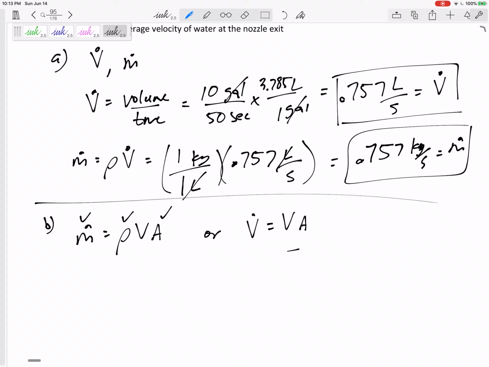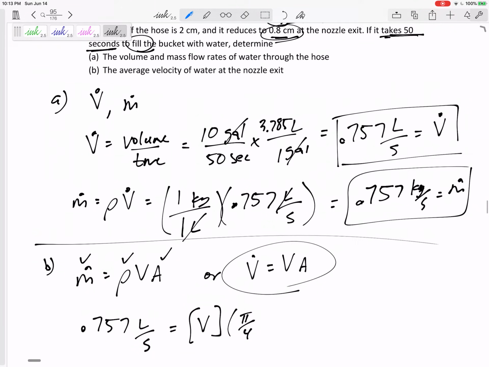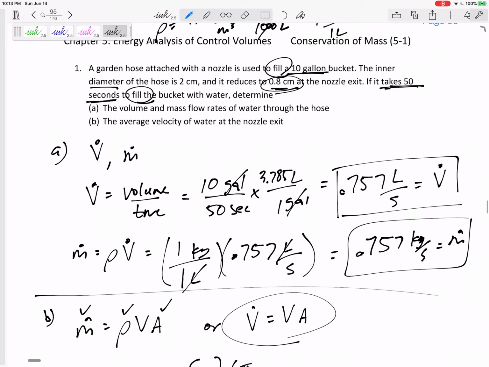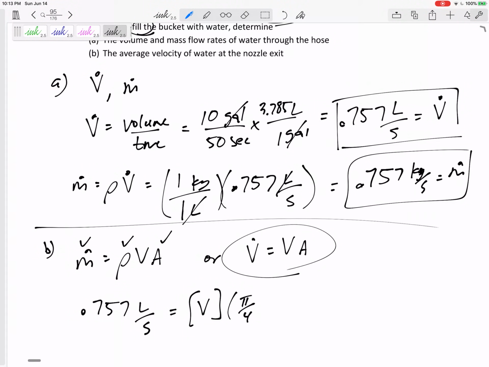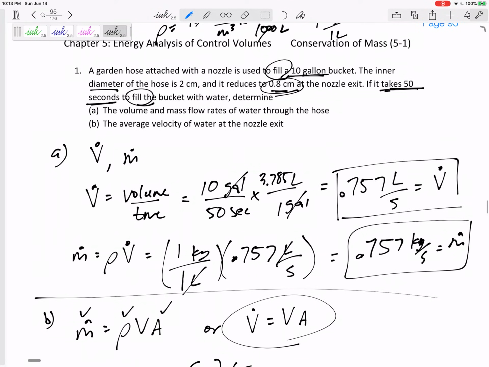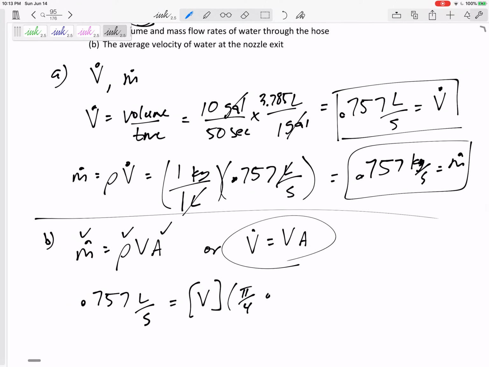Let's do V dot equals V times A. I know my V dot is 0.757 liters per second equals velocity times cross-sectional area of a circle, right? It has a diameter of 0.8 centimeters.